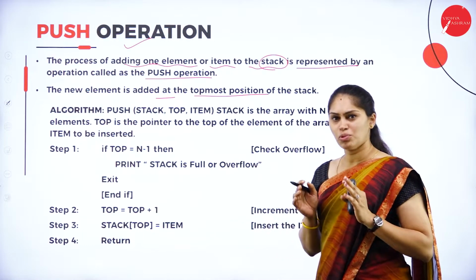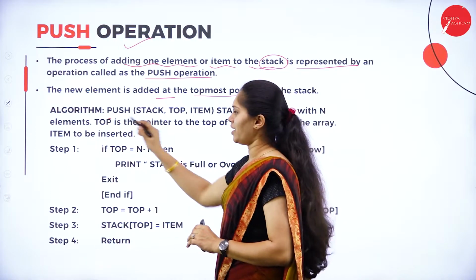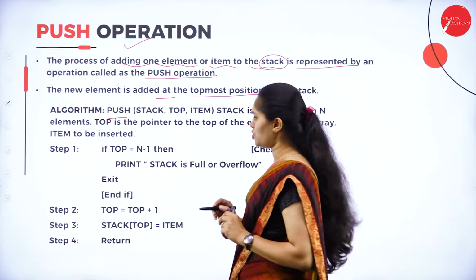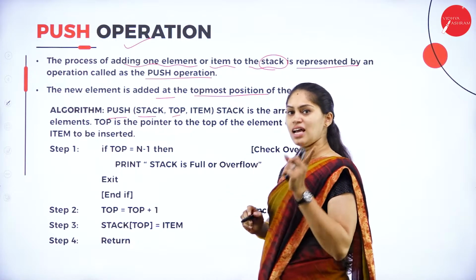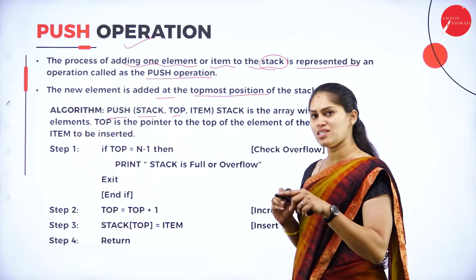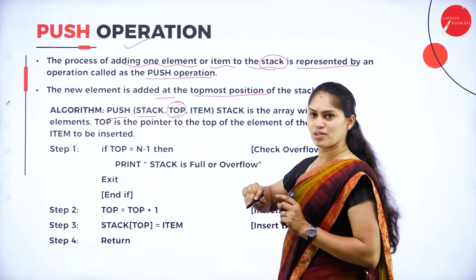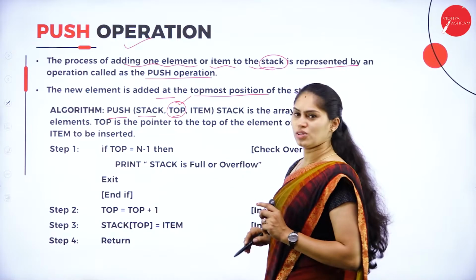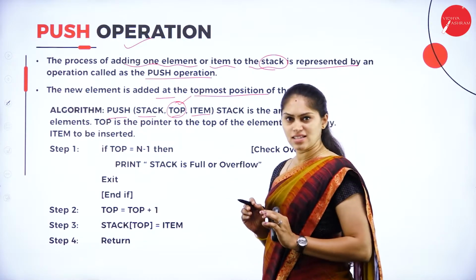In order to push an element into the stack, what do we require? I require the name of an operation, that is push, and I require one stack, and I want to know the top. Why? Because we are doing insertion. If I want to insert an item or an element, I insert it from the top position. So it is necessary to know the top, and I want to have an item that needs to be inserted into the stack.